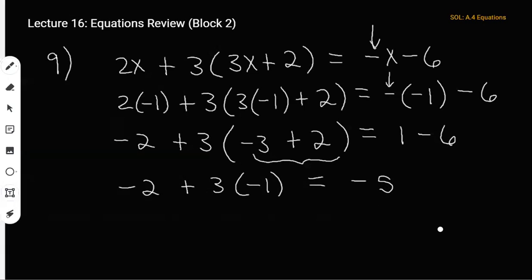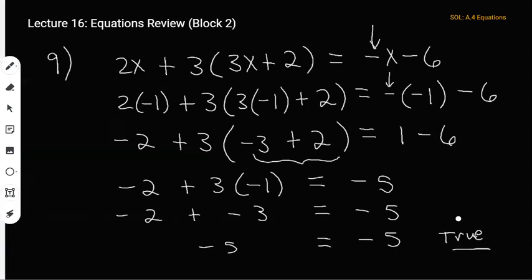Three times negative 1 is going to give me negative 3. So on the left side, I have negative 2 plus negative 3, and that's going to give me the negative 5. So it all works out. That's going to be my true statement. So that's number 9. That's how you check your work.